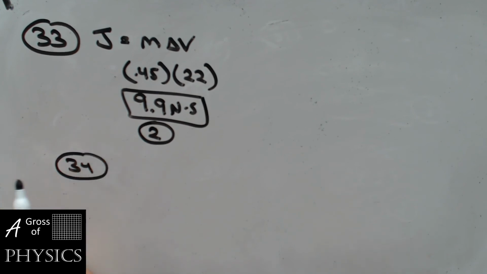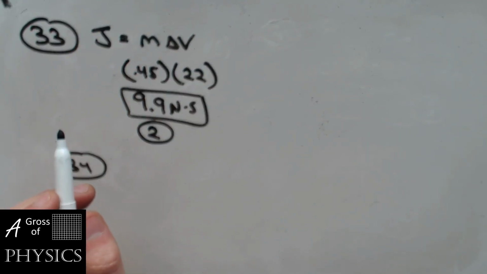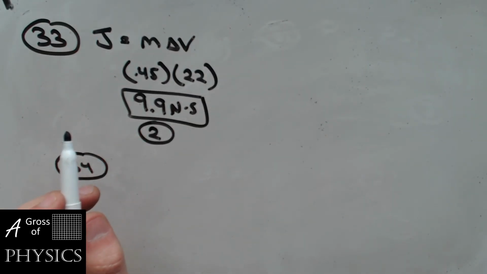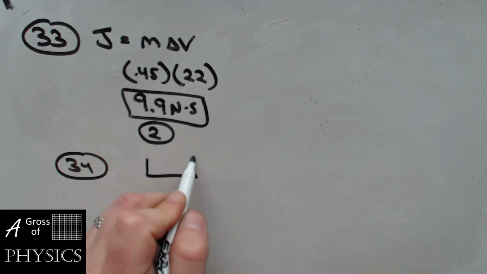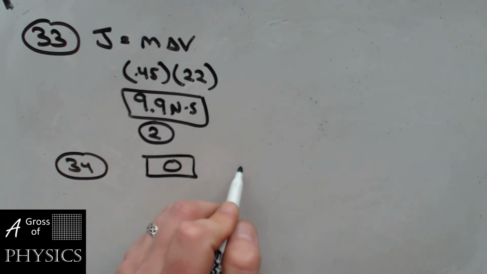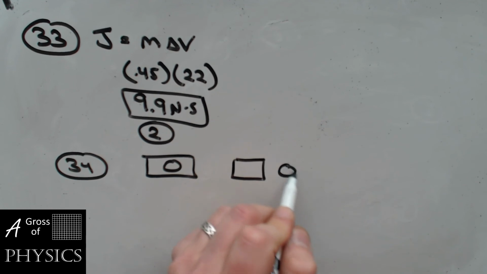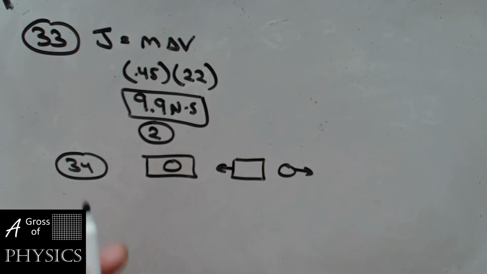34. At the circus, a 100-kilogram clown is fired at 15 meters per second from a 500-kilogram cannon. So we have a cannon, we have an object in the cannon, and then we have the cannon, and we have the object out of the cannon, and it's going to recoil.